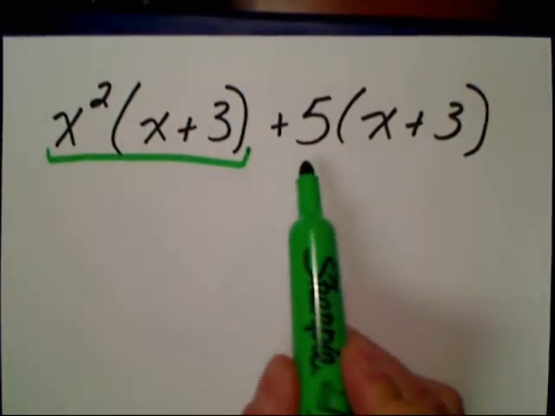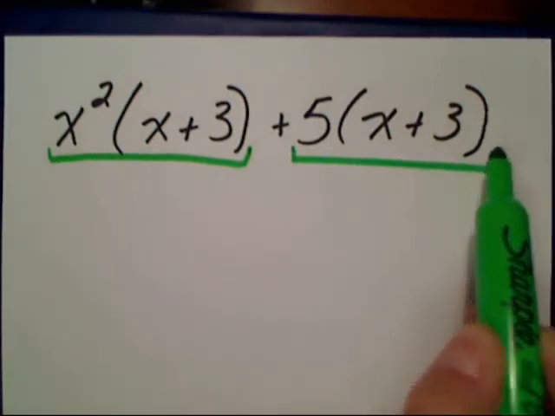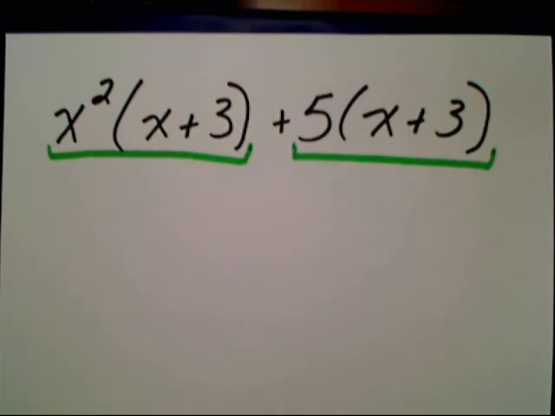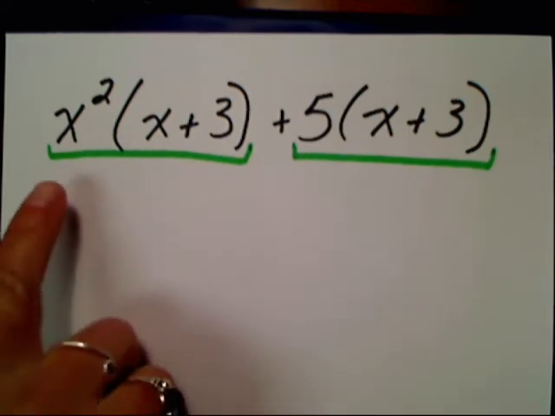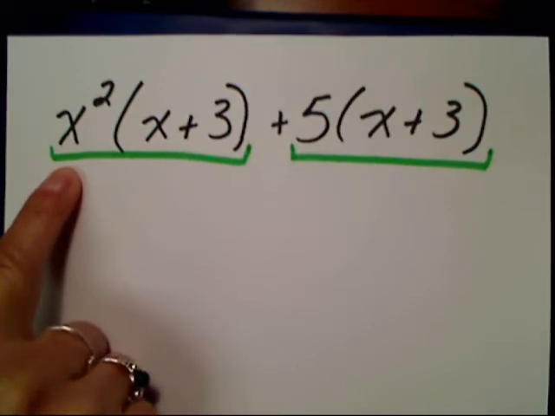Then I have 5 times this other quantity. Once again, that whole thing is one term of this expression. Now, in each term, we have different factors. In the first term, factors are the stuff that's being multiplied together. So what's being multiplied? I have x squared, which can be represented as x times x.